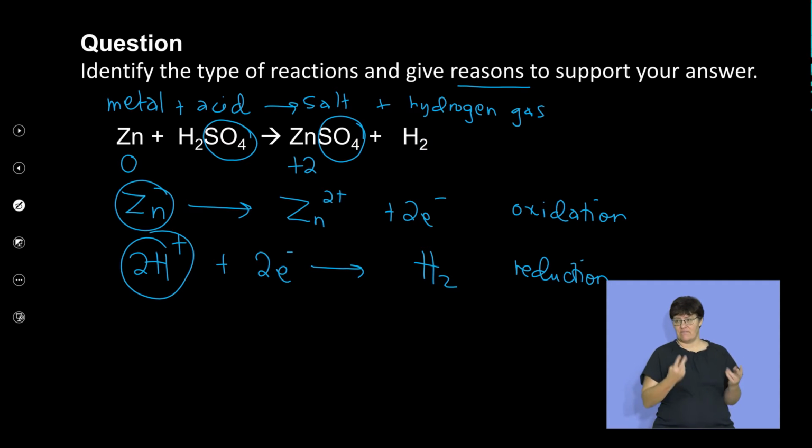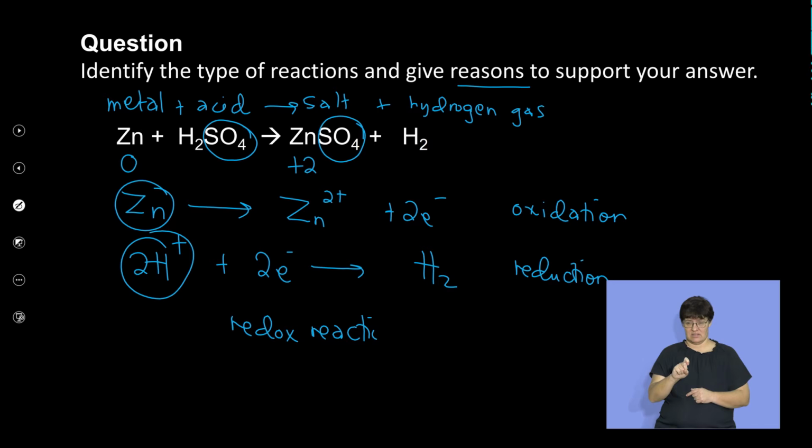Okay, so definitely, once we have oxidation and reduction, this gives us a redox reaction. Why are we saying this is a redox reaction? Because this involves a transfer of electrons.